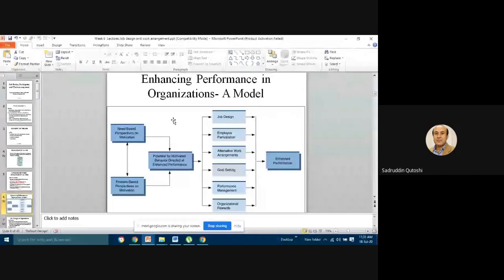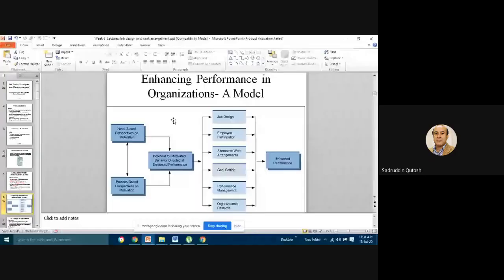And if those people are very motivated, it is possible to enhance the performance of the organization. So that is how you can look at this model.